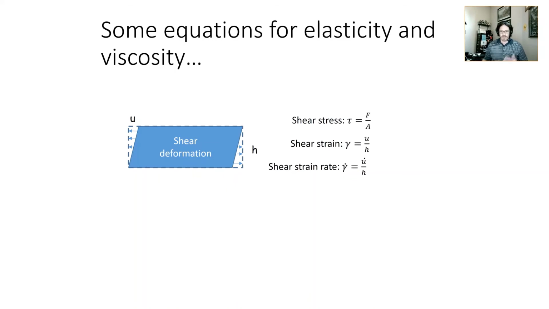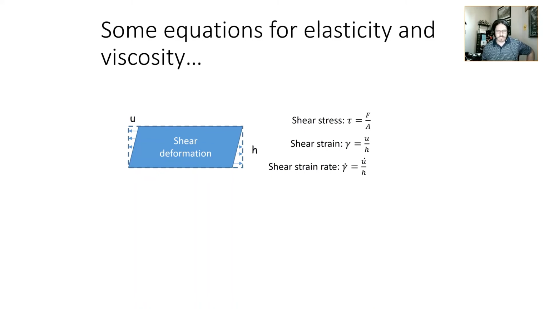Here, this is a really high level way to think about this stuff in terms of shear deformation. So shear stress, tau, is force over area, and so for shear stress we're still getting the same units that we would have for stress when it's denoted by sigma.